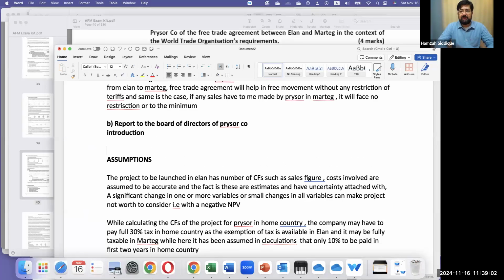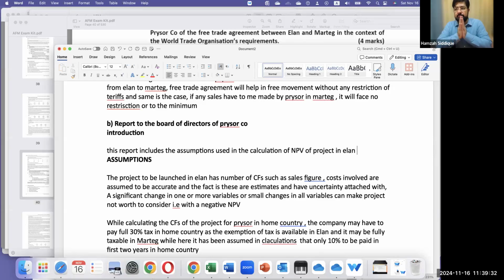An introduction paragraph is basically introduction of what we are going to discuss in the report. So this report includes the assumptions used in the calculation of NPV of project in ELAN.